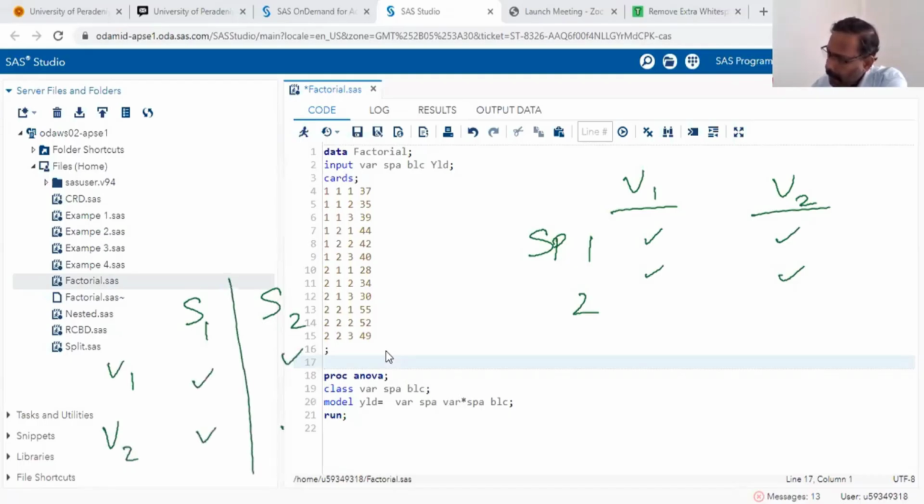Which way is better? For a given spacing, which variety is better? That is one way of explanation. Or for a given variety, which spacing is better? What is more logical in explaining? We can do the mean separation in both ways. But which way is feasible to explain? That is more important.